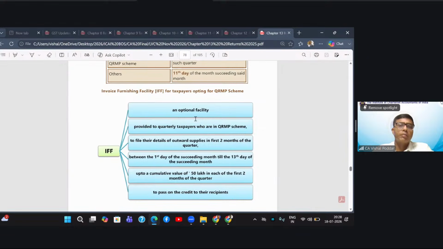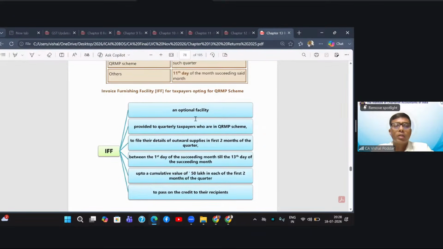Hence, the government brought a scheme called IFF, which is the Invoice Furnishing Facility. This is coming along with the QRMP scheme. Under QRMP, you are filing your GSTR 1 quarterly, right?